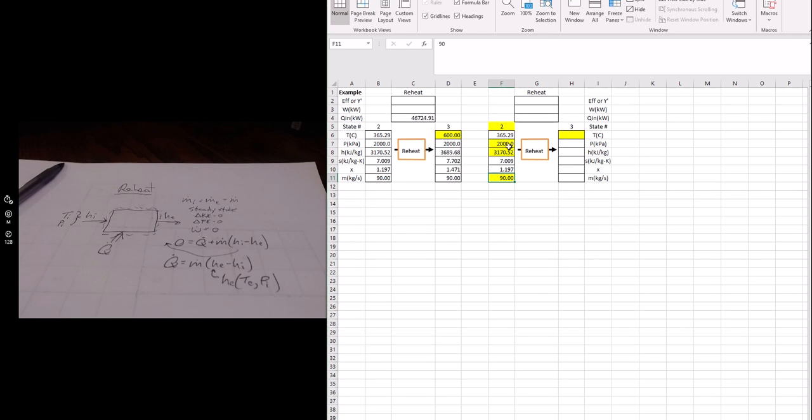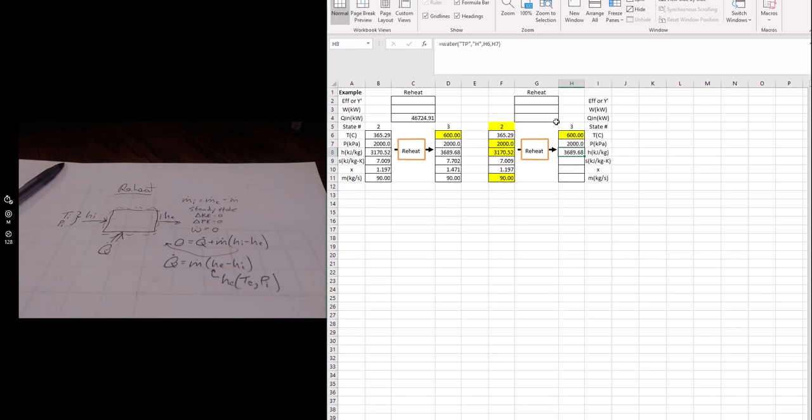Now the exit, I'm going to specify the temperature. So let's put 600 degrees. The pressure just equals whatever this pressure is. So now I know temperature and pressure, and I want enthalpy. So equals water, temperature and pressure, find enthalpy. Here's the temperature and the pressure.